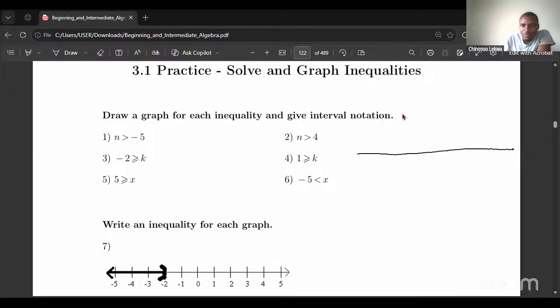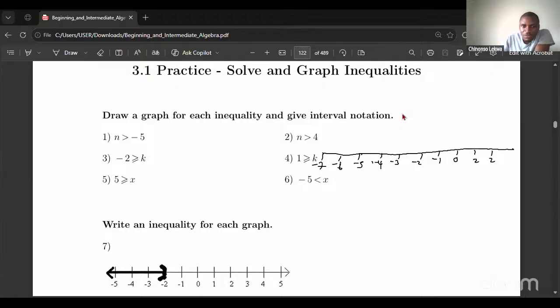So I think that will be my reference point. So let's say we have 0, 1, 2, and so -1, -2, -3, -4, -5, -6, -7.